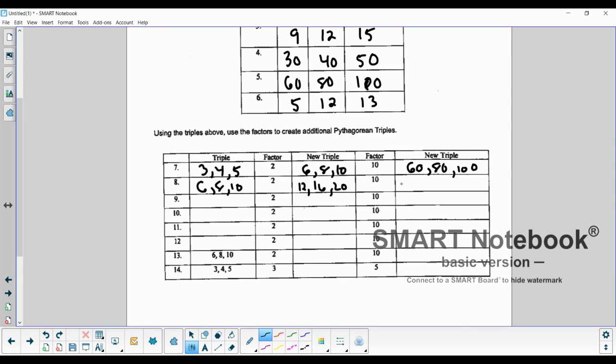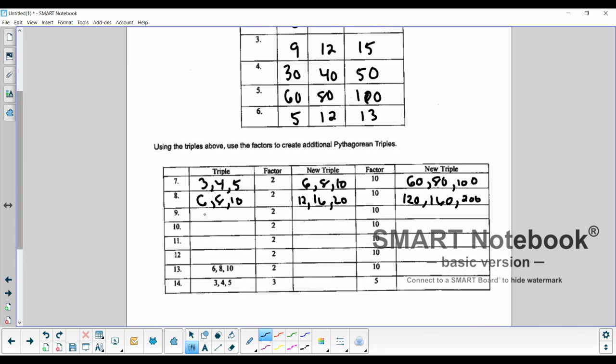And then if I multiplied that by 10, I'd have 120, 160, 200. So fill in the rest of the table using 9, 12, 15, 30, 40, 50, 60, 80, 100, and 5, 12, 13, and fill in the tables with the different scale factors.